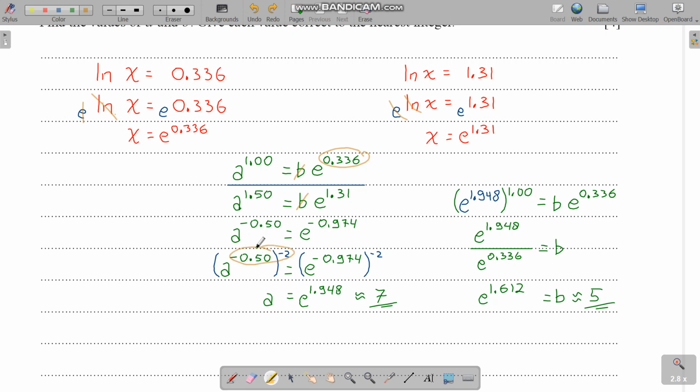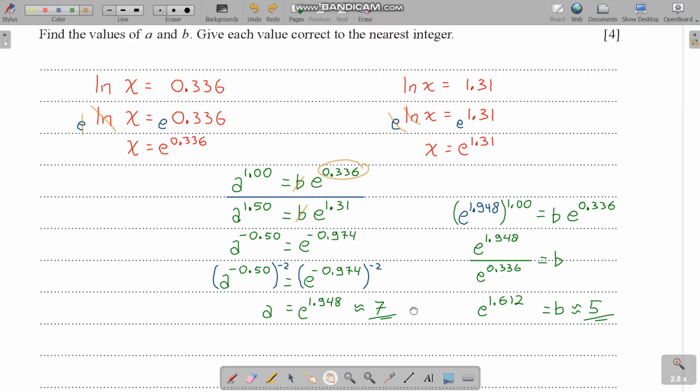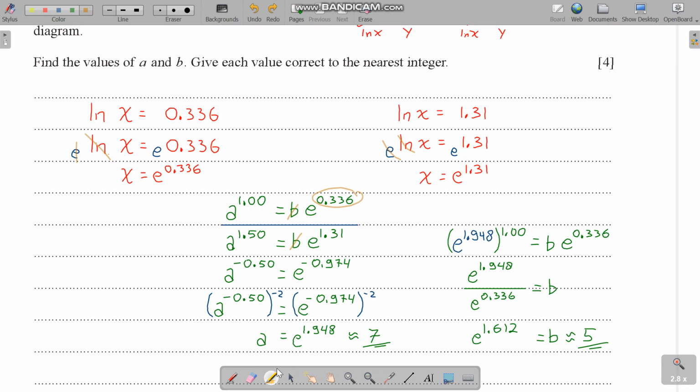When we multiply here, we get 1, so we have a to the power of 1, or simply a on the left. And on the right, use a calculator, you get e to the power of 1.948, which is, because here we are rounding off to the nearest integer, just 7.